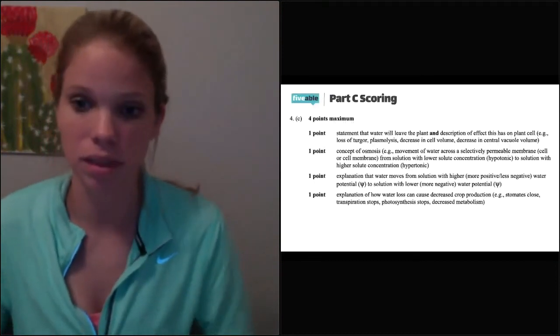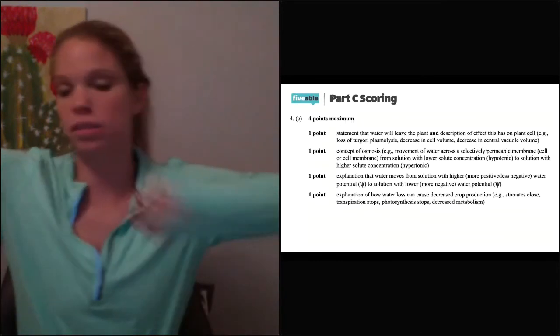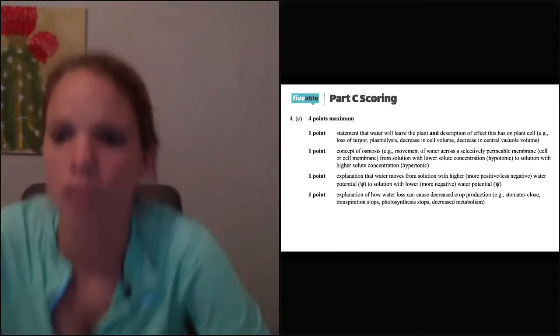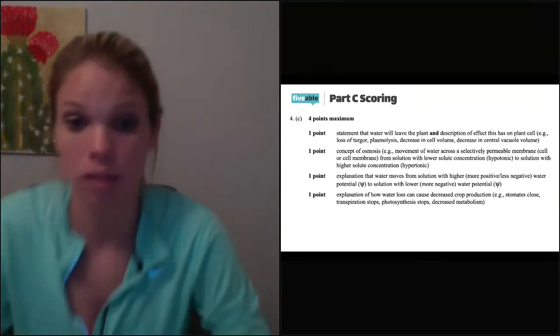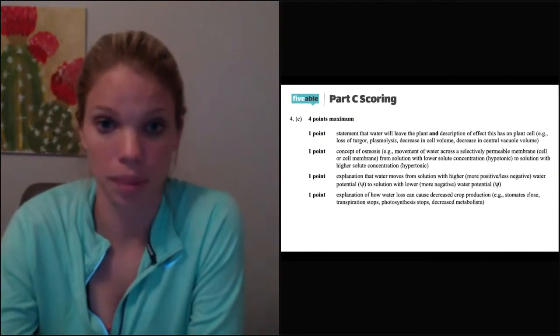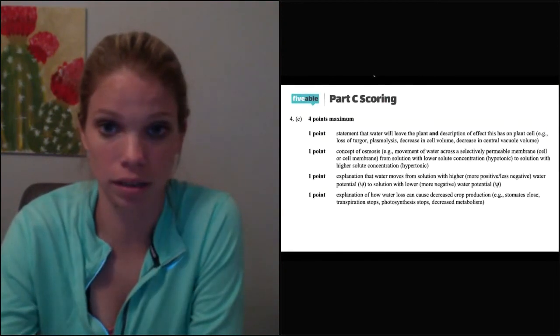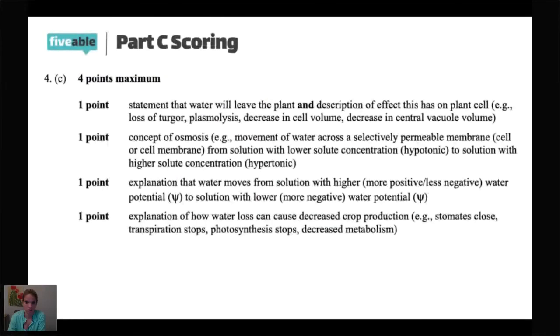Awesome. Hit me. Come on, guys. Got 8 minutes. What do you need? If the solute concentration is high, is the water potential higher or lower? Okay, so let's check back here on this scoring guideline because it kind of lays it out for us. Concept of osmosis: the movement of water across a selectively permeable membrane from a solution with a lower solute concentration to a solution with a higher solute concentration.